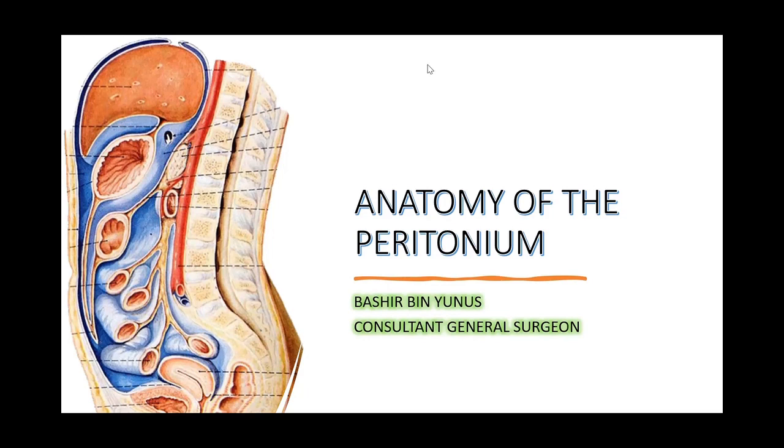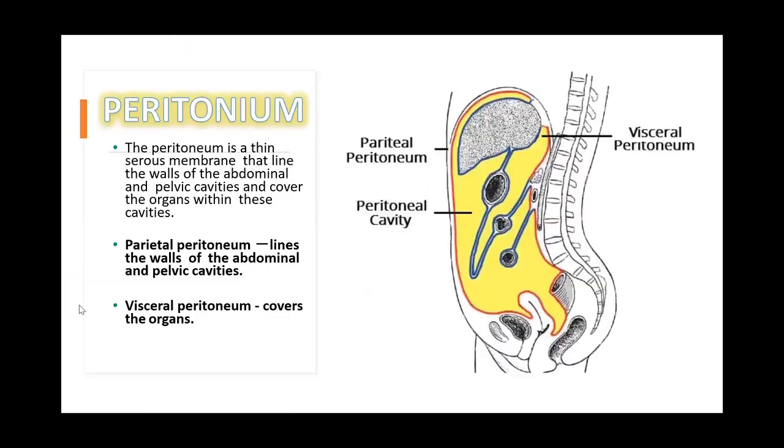There are several clinical significances of the peritoneum. But of course, anatomy is the foundation of surgery, as well as the clinical practice. Without understanding the bedrock, you have difficulty in making correct diagnosis. So today, we are going to be talking about the anatomy of the peritoneum.